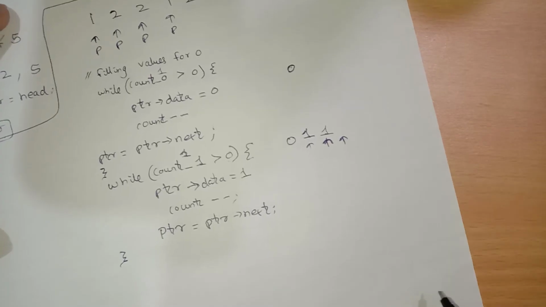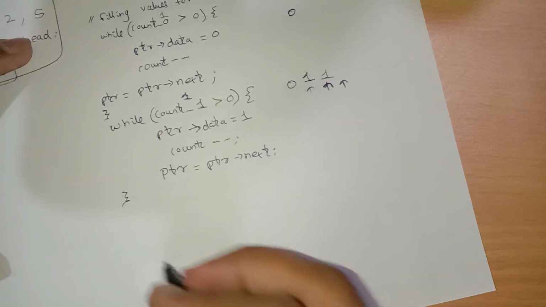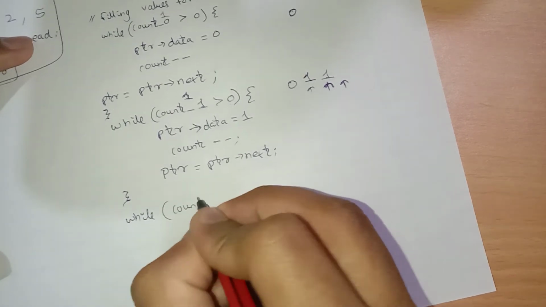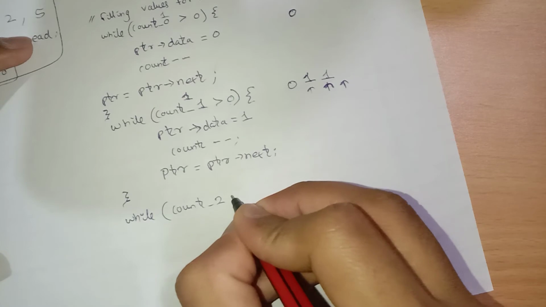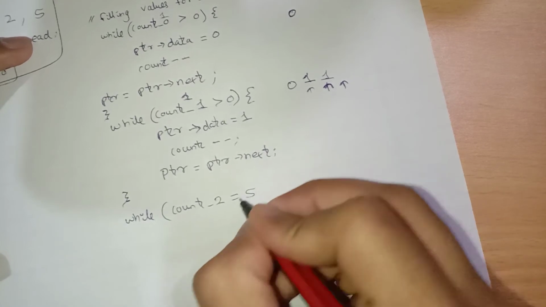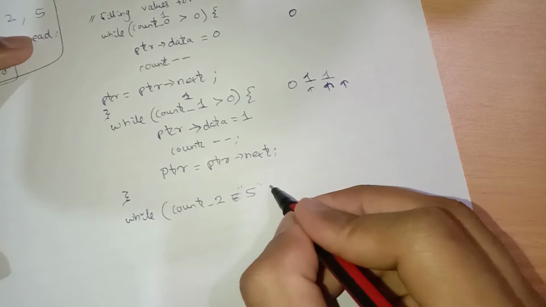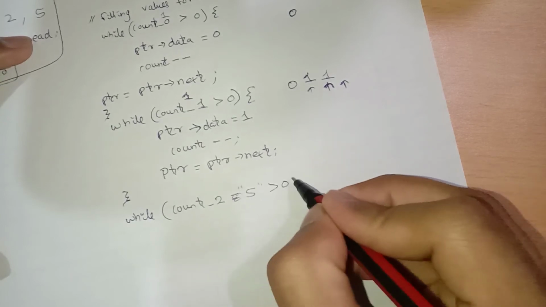So now we will see for 2. The count of variable 2 is 5, so we will see whether this 5 is greater than 0.